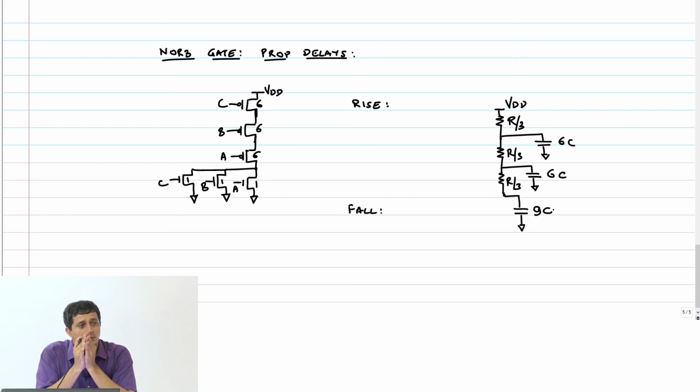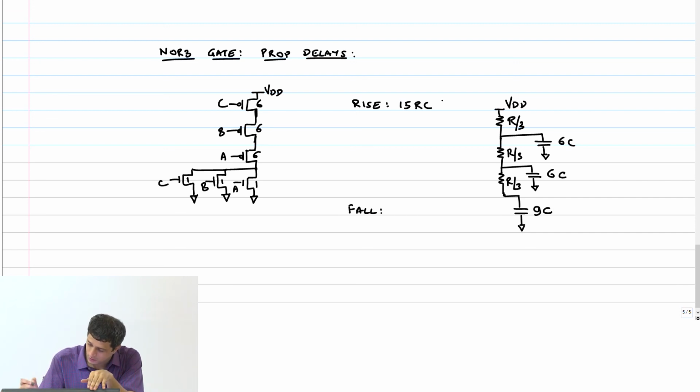So what's the answer? Rise delay 15RC, right? Which is 9 into 6 into 2R by 3. So 2R by 3, 4, and yeah, 15RC. And fall delay 9RC.